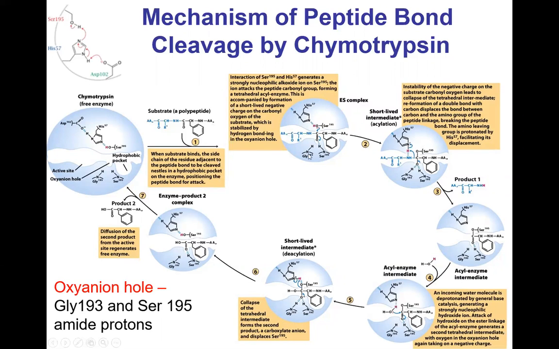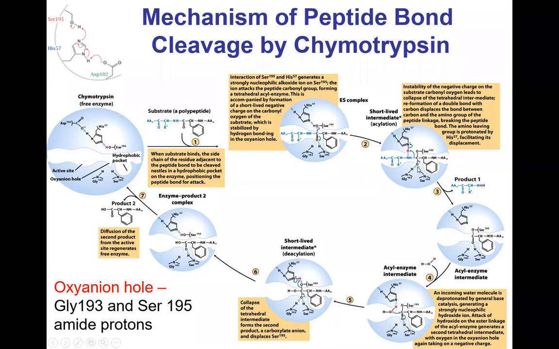Fortunately, because of the presence of the oxyanion hole, you'll be able to form this short-lived tetrahedral intermediate as shown here, right? After the second step, you can see that now that carbon has all single bonds.